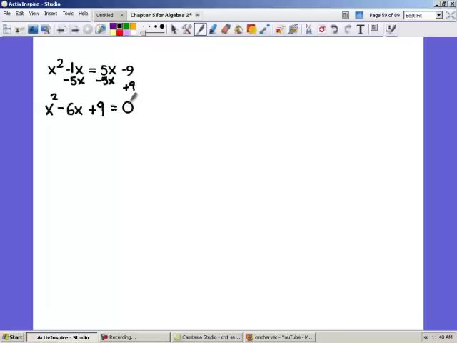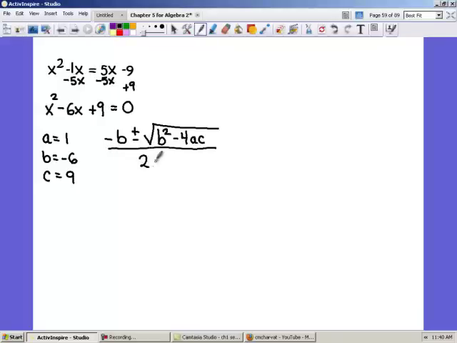So here we go. We have an A, which equals 1, a B equaling -6, and a C equaling 9. And we use our quadratic formula, which I will rewrite again so you can see where it's coming from. You do not have to rewrite all this. And we fill in the missing pieces.